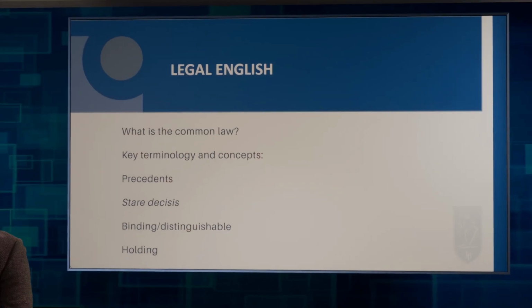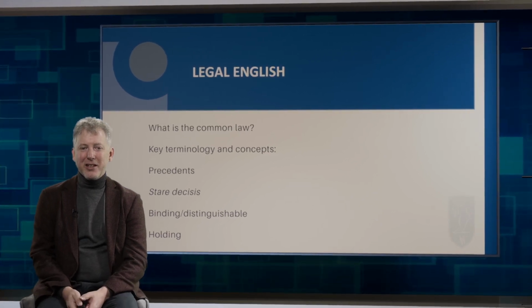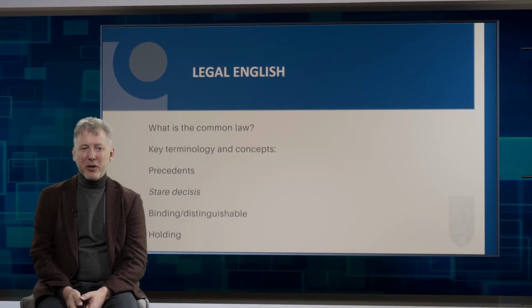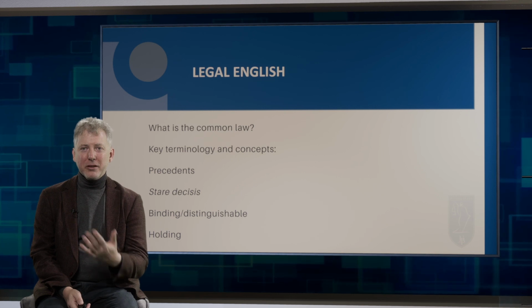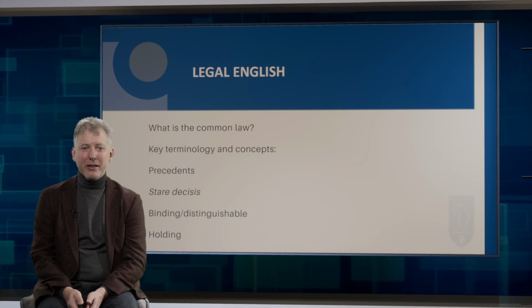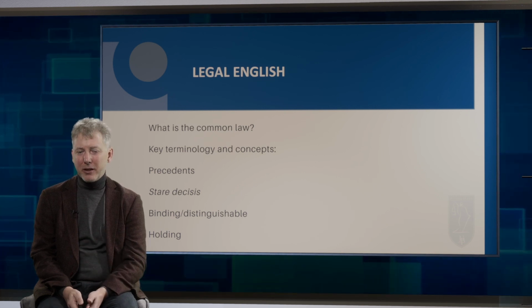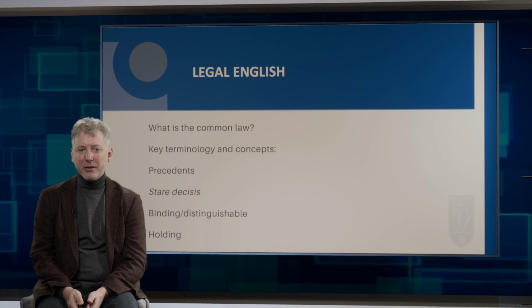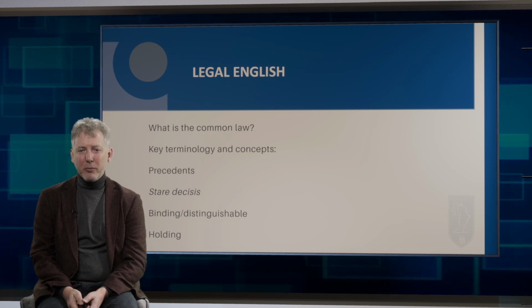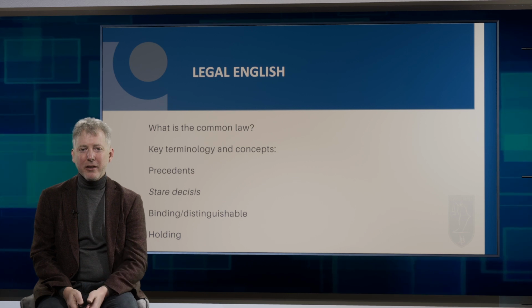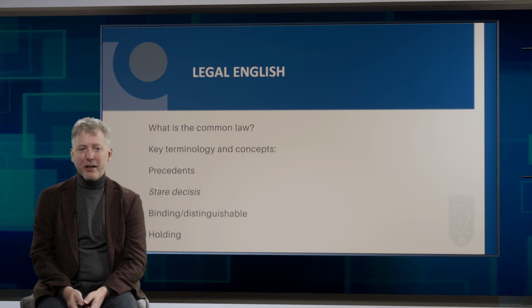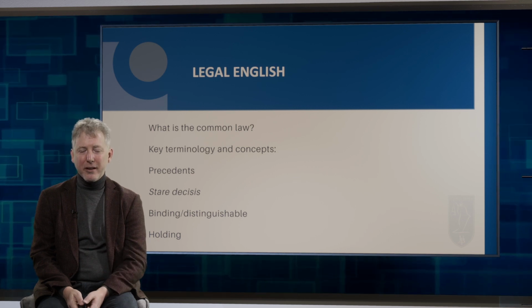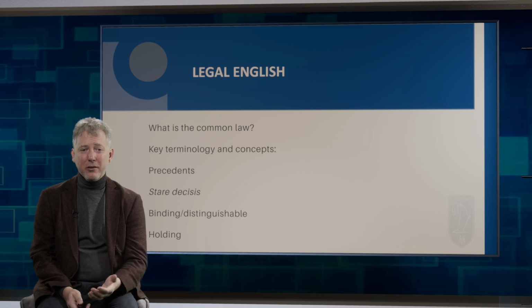What is the common law? It's not such a simple question, but there are some key principles and terminologies and concepts that I want you to become familiar with. The first is precedent. In common law countries like the United Kingdom and the United States, the law is based on precedent. Precedent is judge-made law.